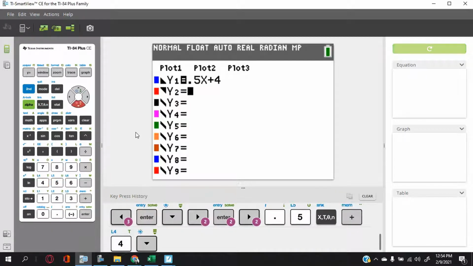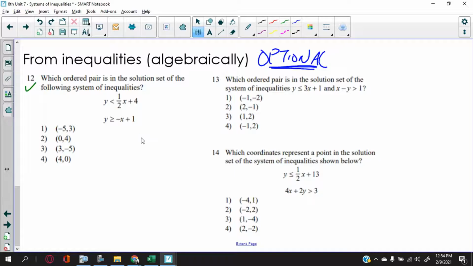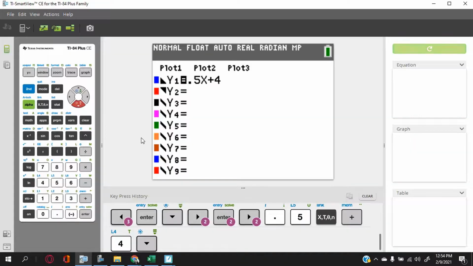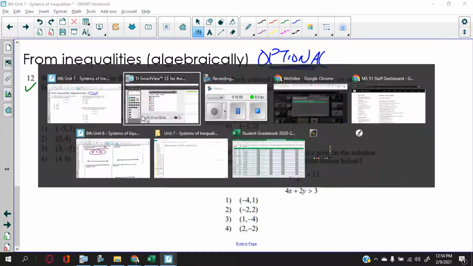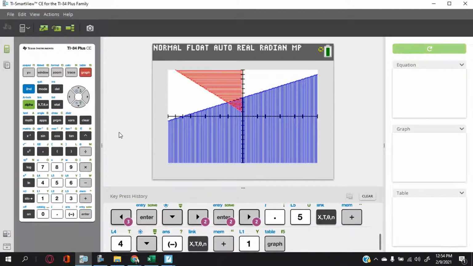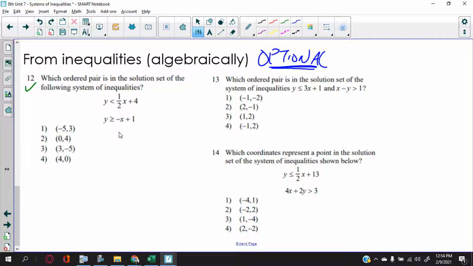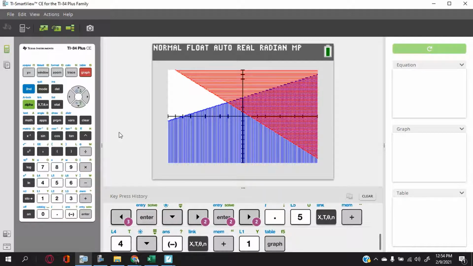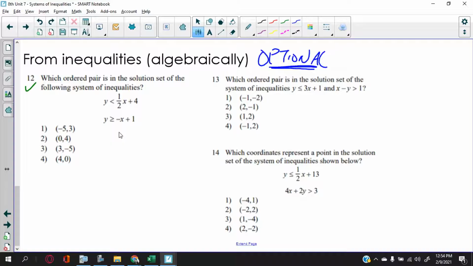What's the other one? Is that greater than or equal to? Okay, I don't have to change the shading. What was it again? Negative x plus 1. Okay, so grab that. Now remember, the blue line is dotted. It's broken. Don't forget that, because that's what the question says.